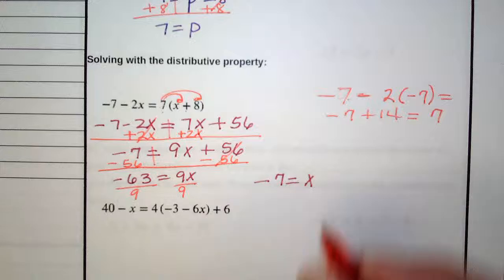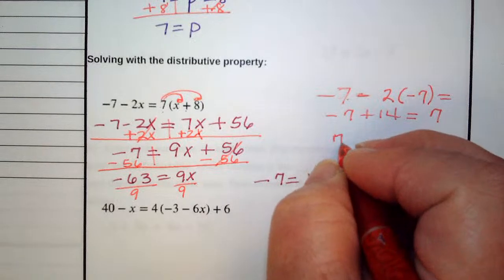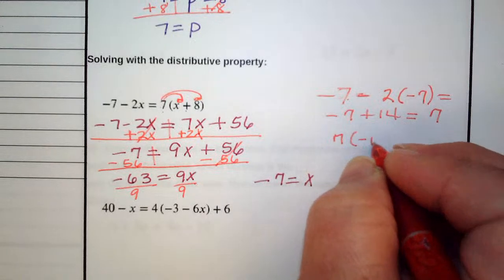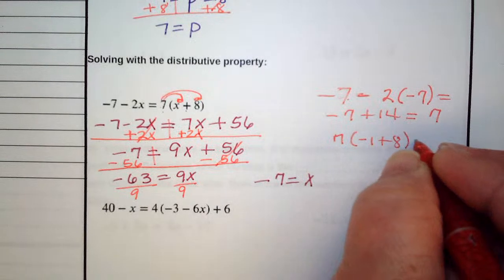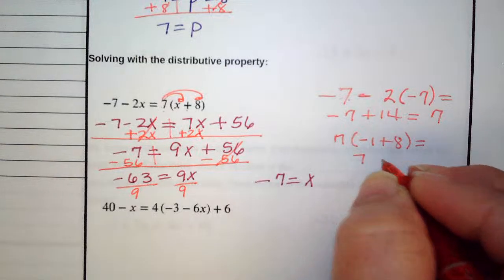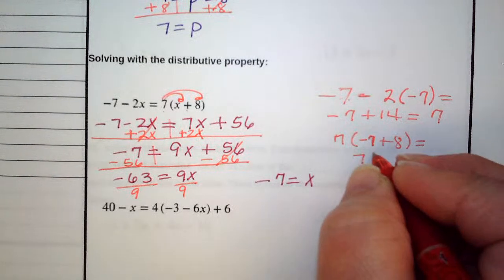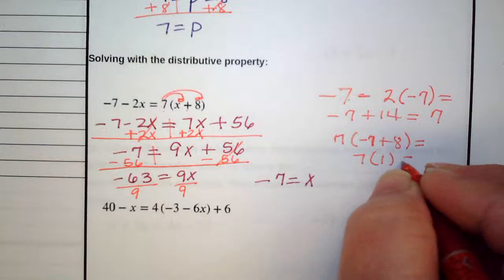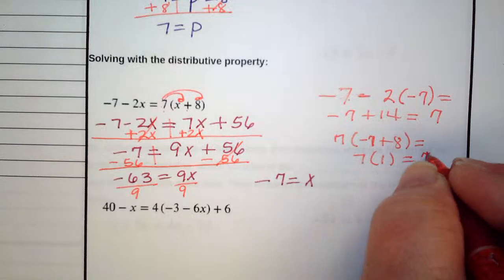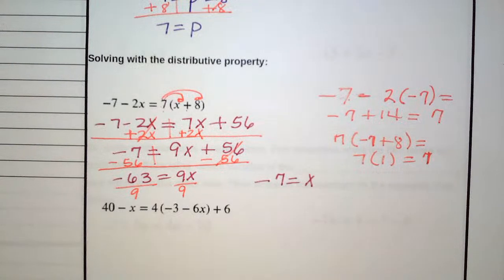Let's see what I get on the other side. 7 times negative 1 plus 8 is equal to 7. Oh, this is negative 7 plus 8. 7 times 1, which is also 7. So I know I've got the correct answer.